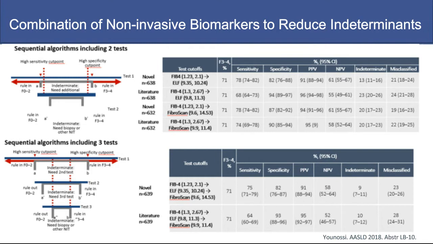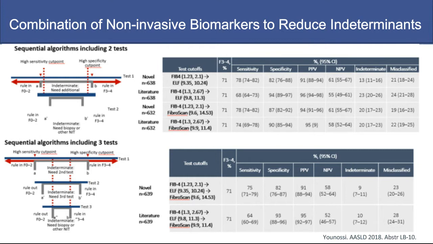However, if you use three sequential tests of, say, FIB4 followed by ALF followed by a FibroScan, the indeterminate cases fall to about 9 to 10%, which is quite good. However, you have to put this in the context of the fact that we don't have ALF available in the United States, but we certainly have transient elastography available, which could be used in clinical practice.